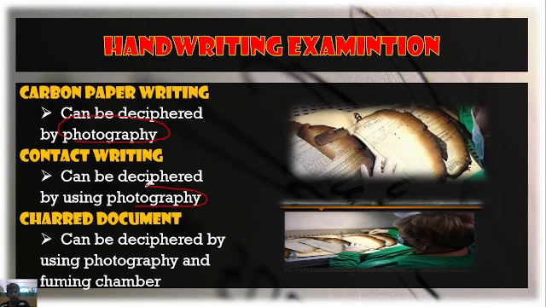And for the charred document, maybe the best there is infrared radiation, and of course that should be inside the fuming chamber also. Anyway, those are only some of the things with regards to handwriting examination.